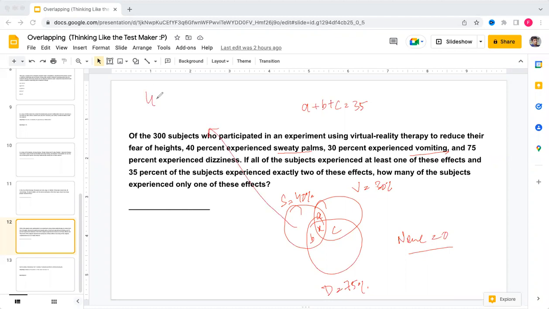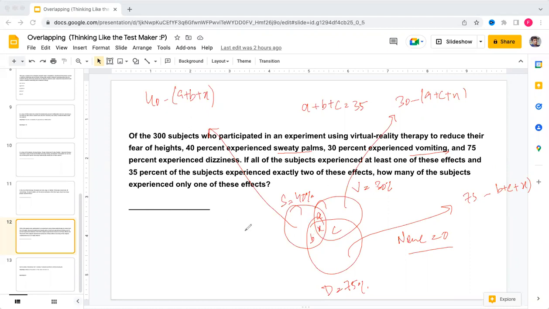That will be 40 minus (A plus B plus X). Only vomiting will be 30 minus (A plus C plus X). And only dizziness will be 75 minus (B plus C plus X), right? So just add all of these and equate this to 100. You will get the answer.